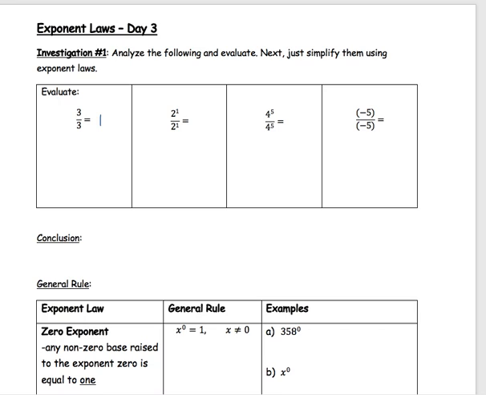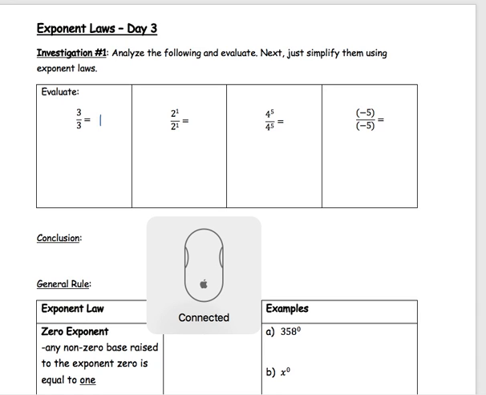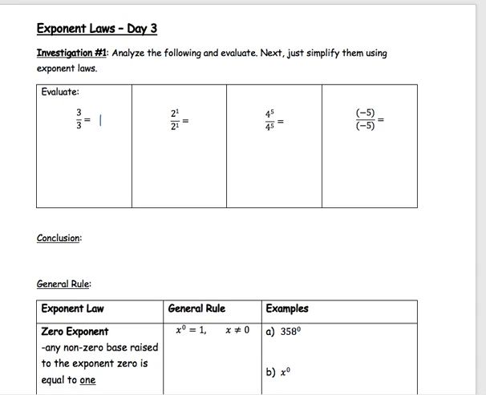Now let's try the next one, but we're going to use exponent laws. You've learned that if you have an exponent divided by another exponent, you can use the exponent law where you subtract the exponents. You write the base and then subtract the exponents. So 1 minus 1 is 0.